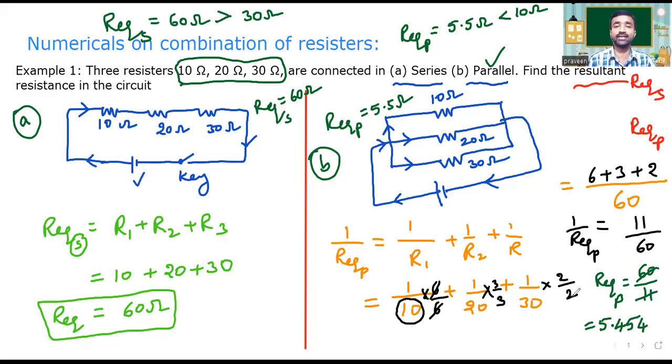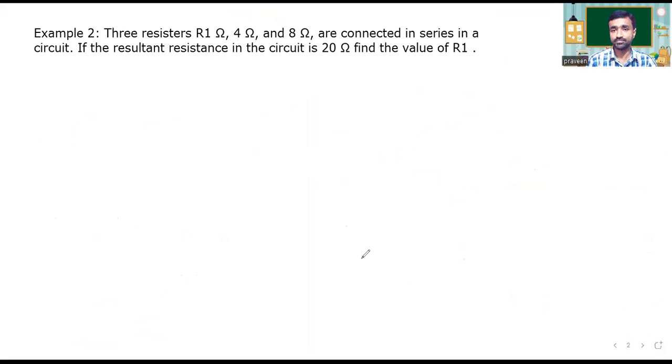That is it. Next, look at the second example. What is actually asked here? Simply, it is asked to solve for the equivalent resistance again, right?